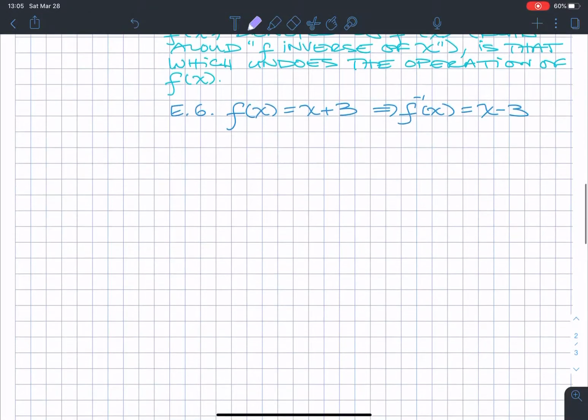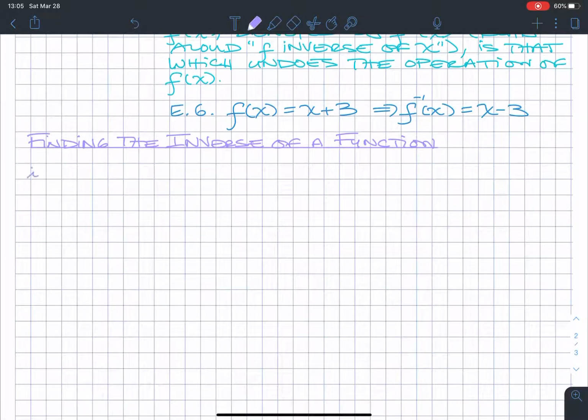Okay, so finding the inverse of a function. And remember, we can restrict most non-one-to-one functions to a part of their domain on which they are one-to-one.